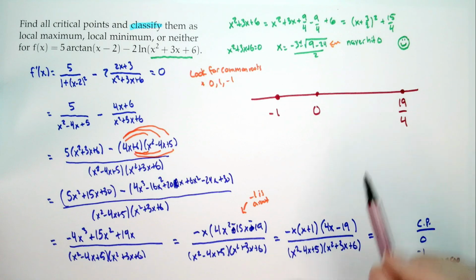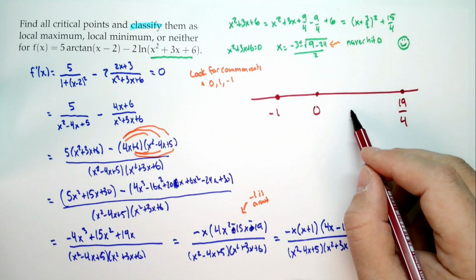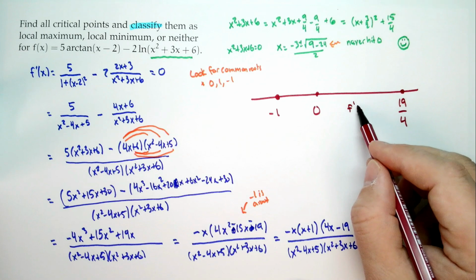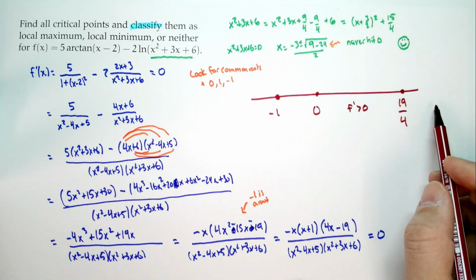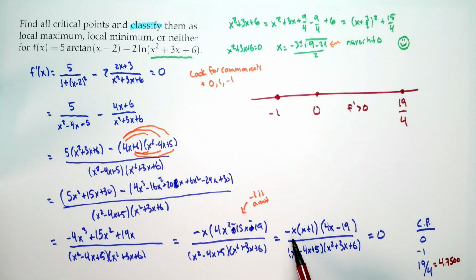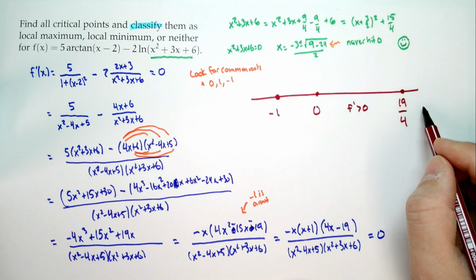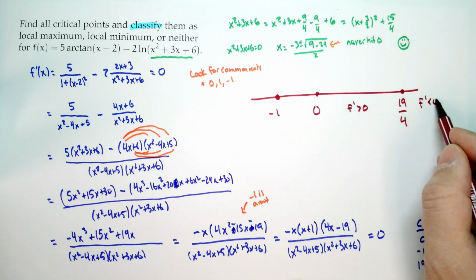So if we put those together, that tells us that our derivative, f prime, is positive. On the other hand, if I pick something big like 100, well, there's the negative, but x and x plus 1 and even this 4x minus 19 are all positive. So that tells me that my derivative is going to be negative.